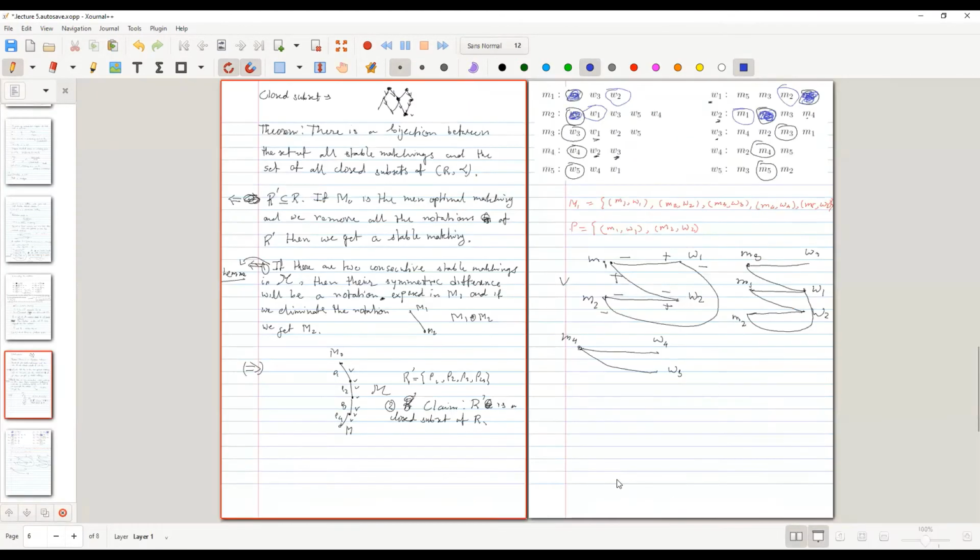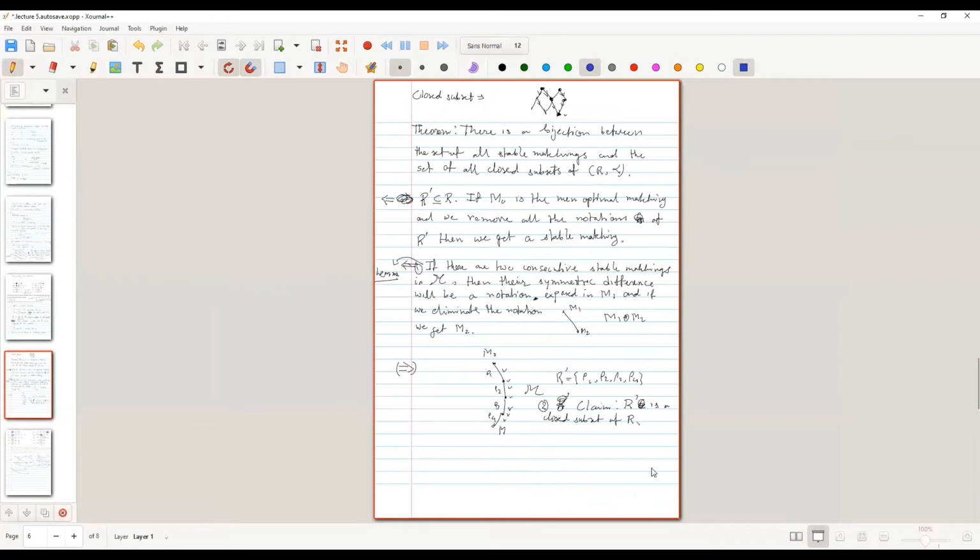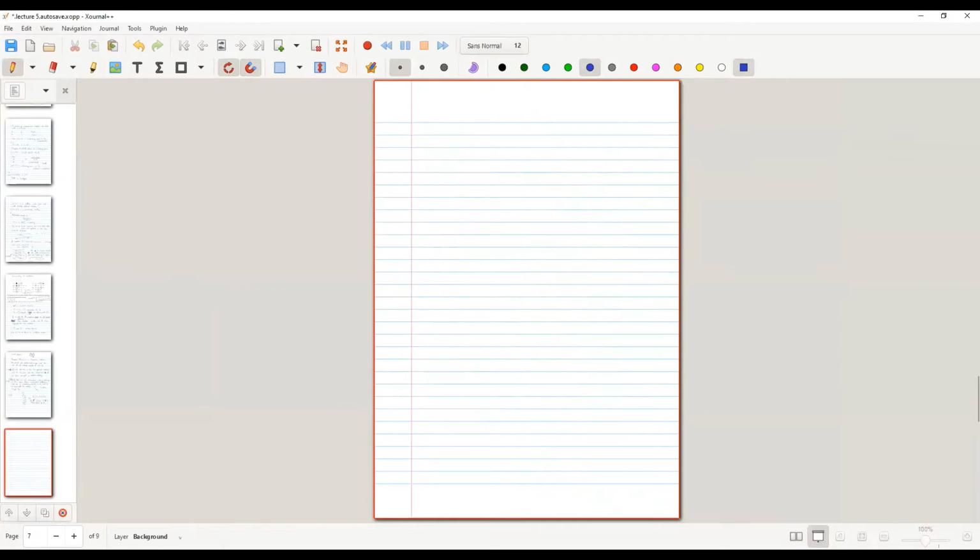It's not working here also. I think I cannot copy the page to the next page. Control D, Control V. No, I cannot copy it.